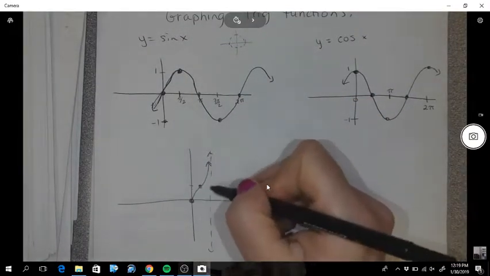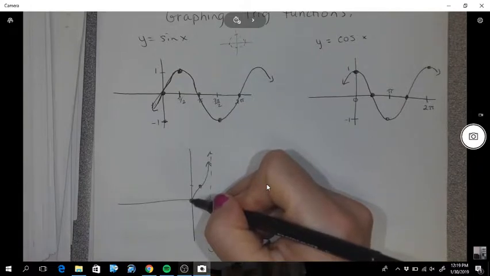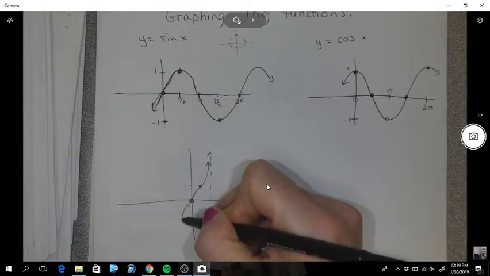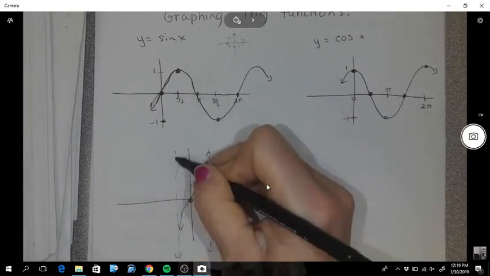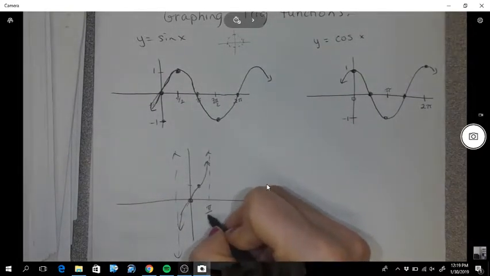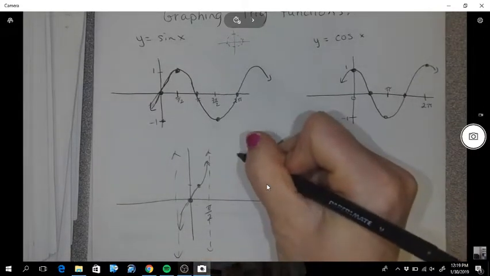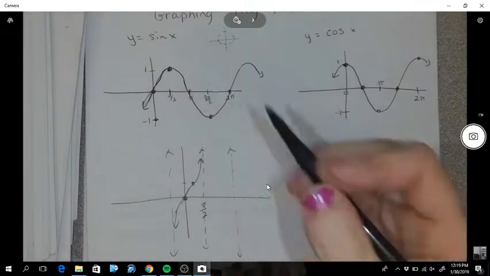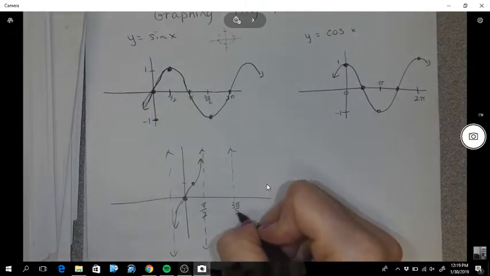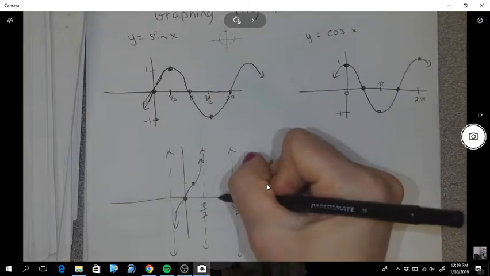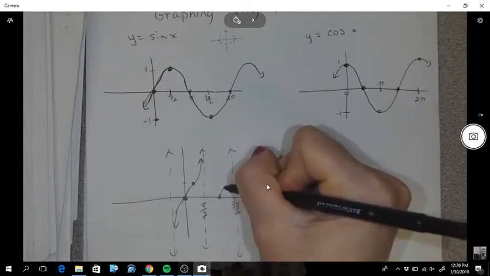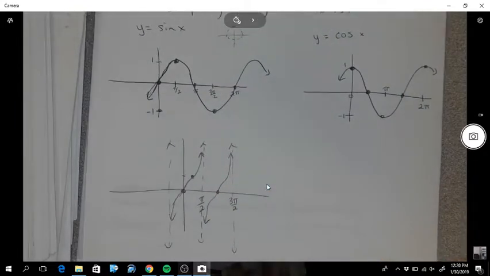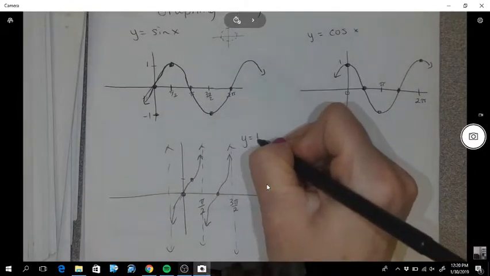So pi over 2 is an asymptote, and then at 270 degrees, or 3 pi over 2, there's another asymptote, and it's going to continue this pattern. Okay, so that's y equals tan of x.